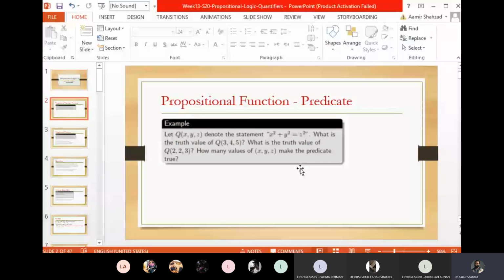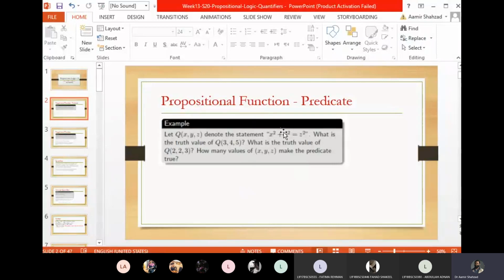So यहाँ पे हमारे पास तीन वेरिएबल्स हैं x y z. अगर हम इनको कुछ वैल्यू दें x y और z को, some numbers, so we will get some output whether x square plus y square is equal to z square, it is true or not. अगर वैल्यूज ऐसी हैं जिसके नतीजे में ये ट्रू हो जाता है, so we will get the output true, या वैल्यूज ऐसी हैं जिसके नतीजे में ये ट्रू नहीं होता, so we will get the output false, 0.